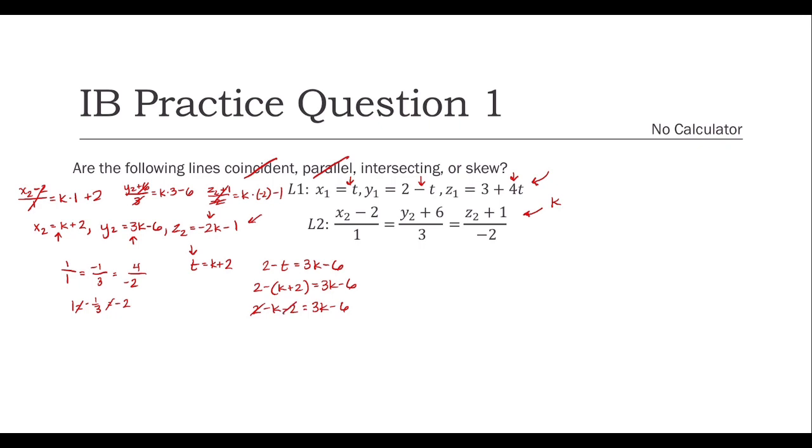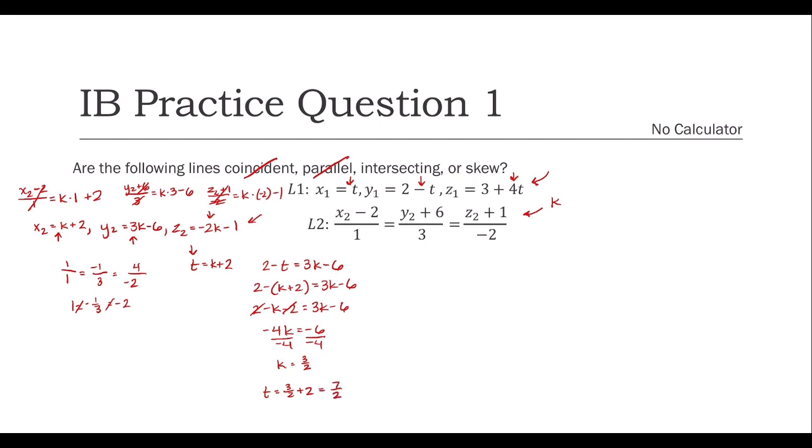We'll subtract 3k from both sides, so we get negative 4k equals negative 6, and then we'll divide by negative 4 to get that k equals 3/2. We can now find t because t equals k plus 2, so this would be 7/2.